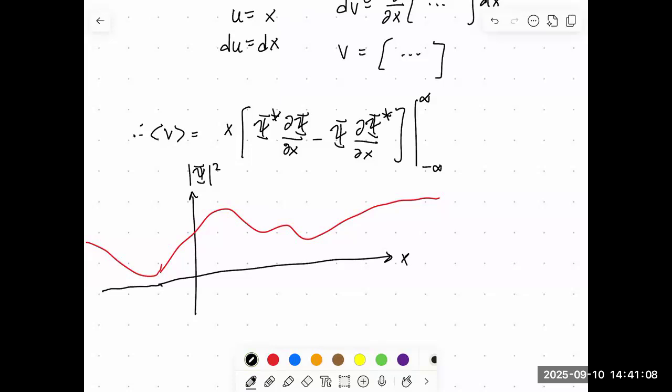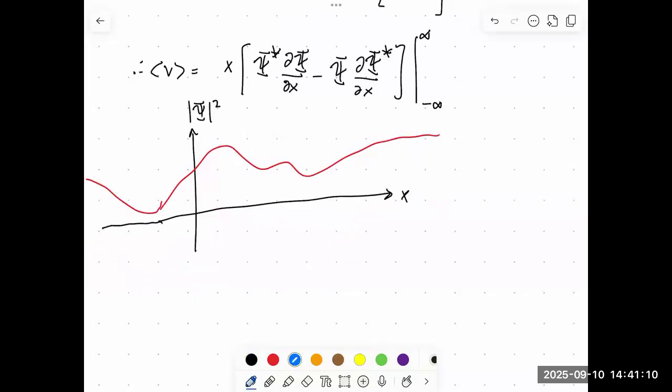So that's an important point, and so I'll try to emphasize it. So we require phi go to 0 as x goes to plus minus infinity.